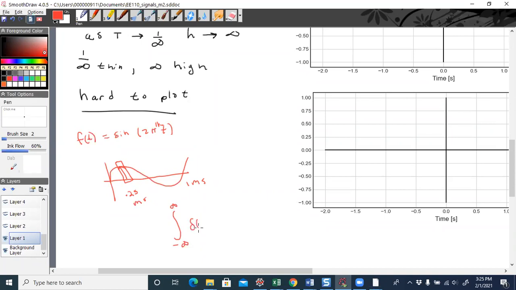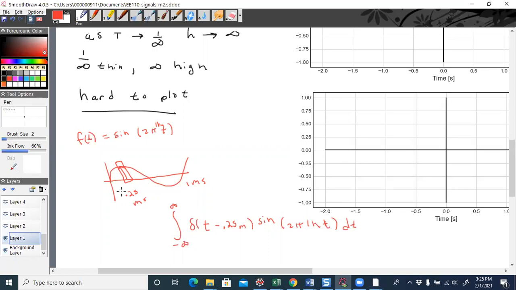I would have my delta function, and then this is what I'm about to say is today's bit, t minus 0.25 milliseconds times sine 2 pi 1 kilohertz t dt.